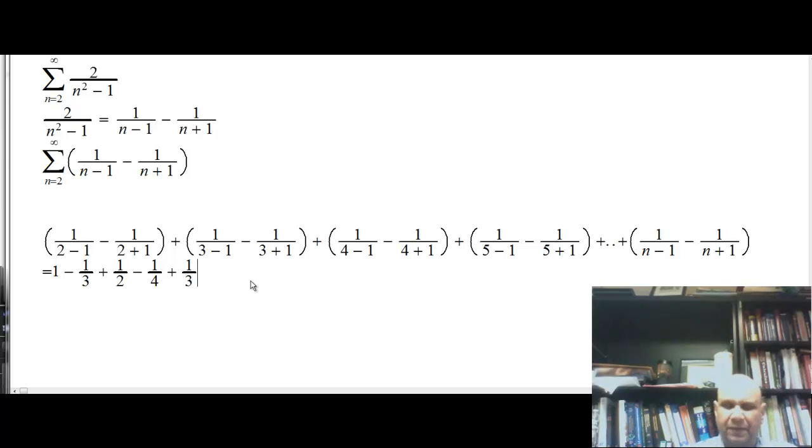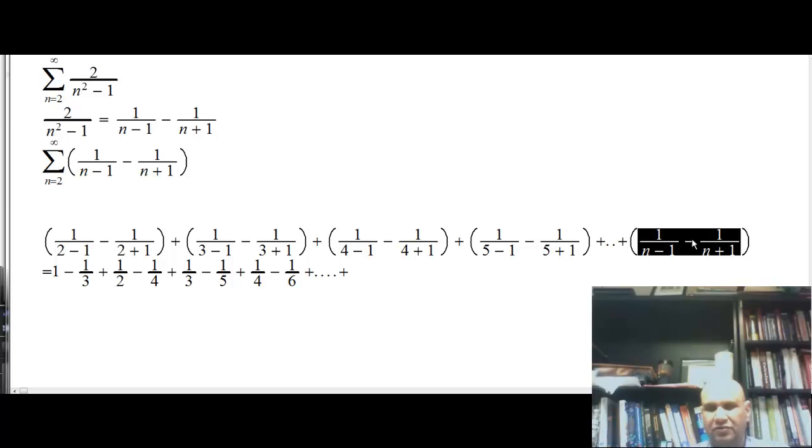Minus 1 over 5 then, plus 1 over 4, and then minus 1 over 6. Okay, and then it keeps on going, and at the end we get these terms.